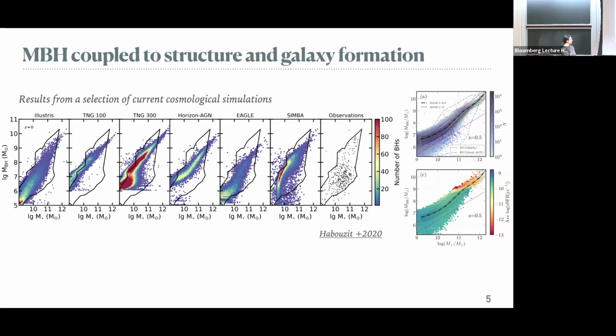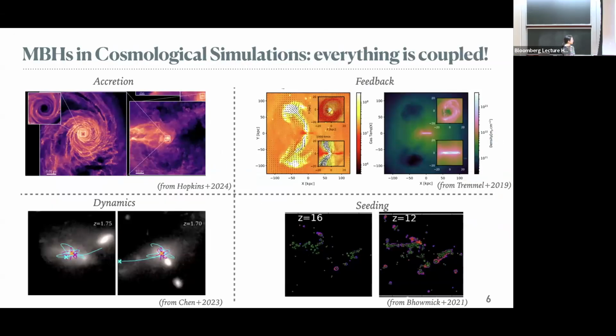In terms of seeding, most simulations prescribe a fixed seed mass above some halo mass threshold. In Astrid, we have a more stochastic seeding based on the halo mass and stellar mass, and in Horizon AGN, I think they have a gas-based seeding based on gas density and metallicity.